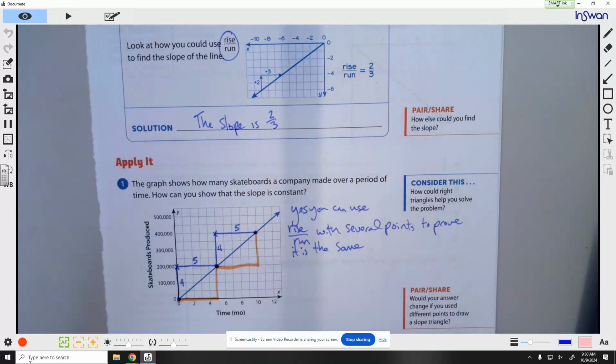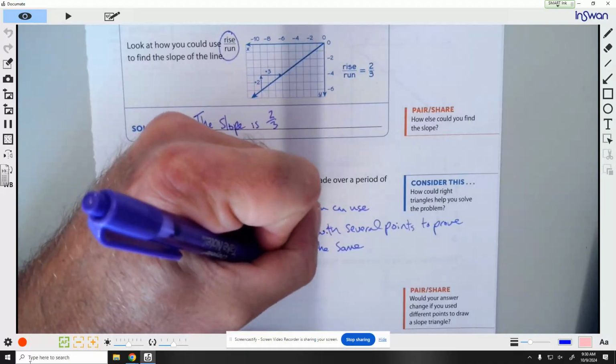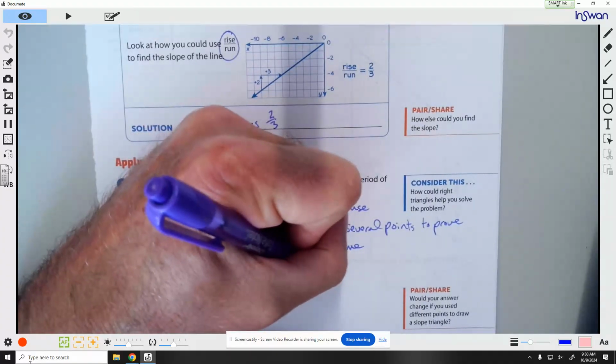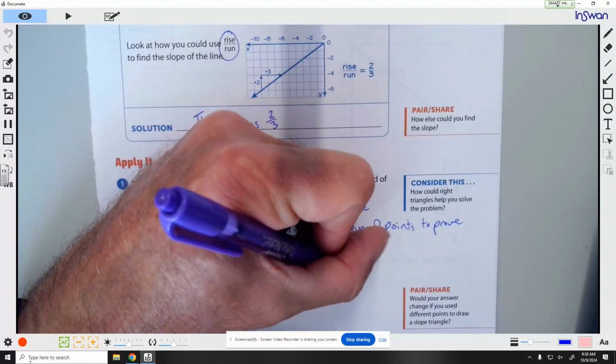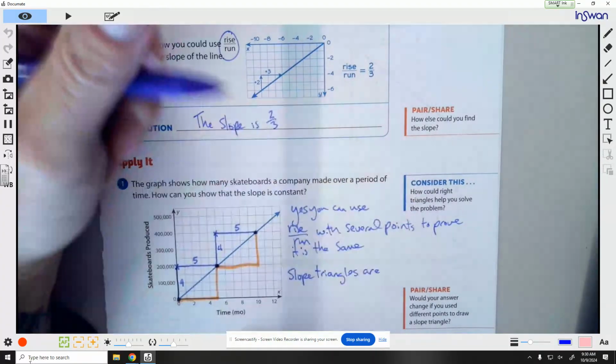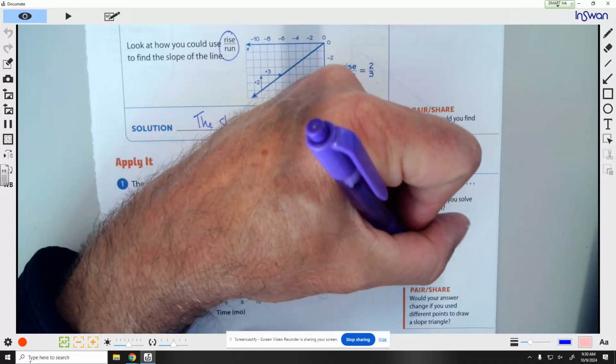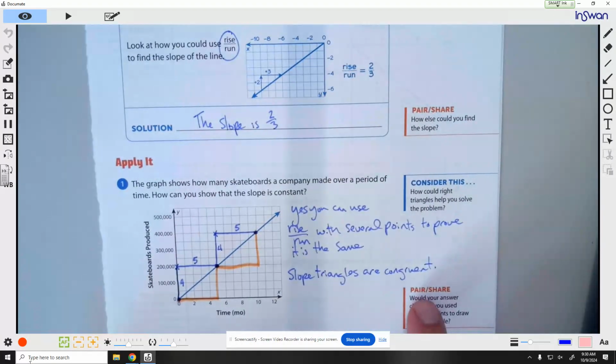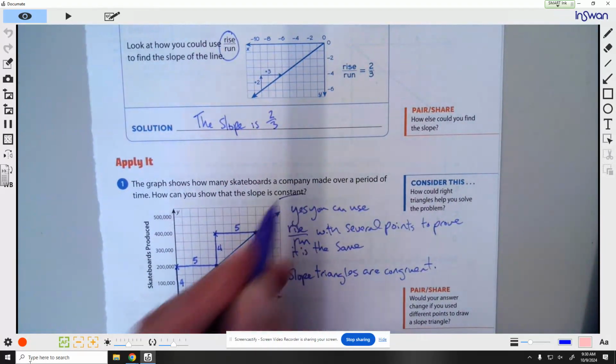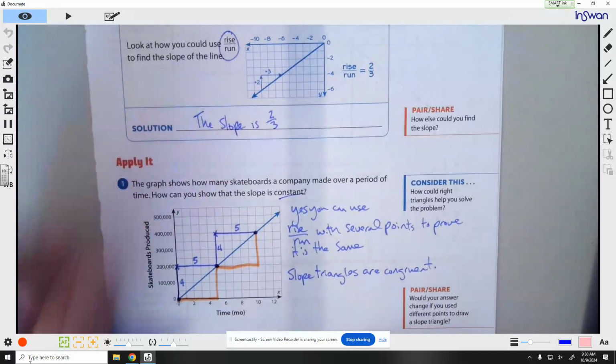So I could also say slope triangles are congruent. So if your slope triangles are congruent, then you know that slope is constant, meaning it's going to be the same rate of change. Okay, let's turn the page.